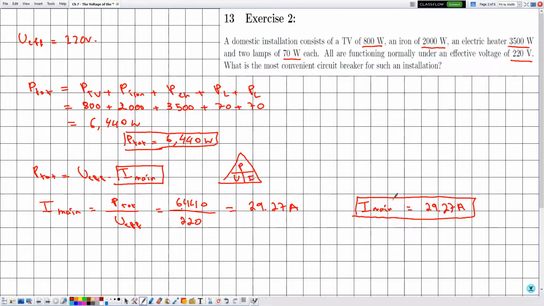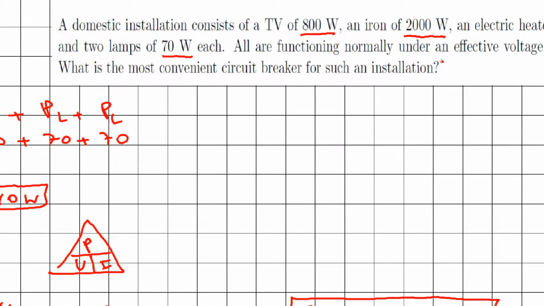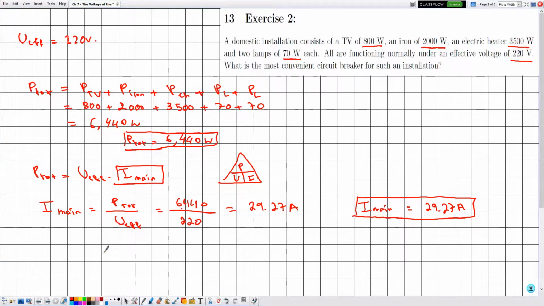So now we still didn't answer the question, which is what is the most convenient circuit breaker. Then let's refer to the definition of the convenient circuit breaker, which is given by the most convenient circuit breaker is the one having a rated current slightly greater than the main current.